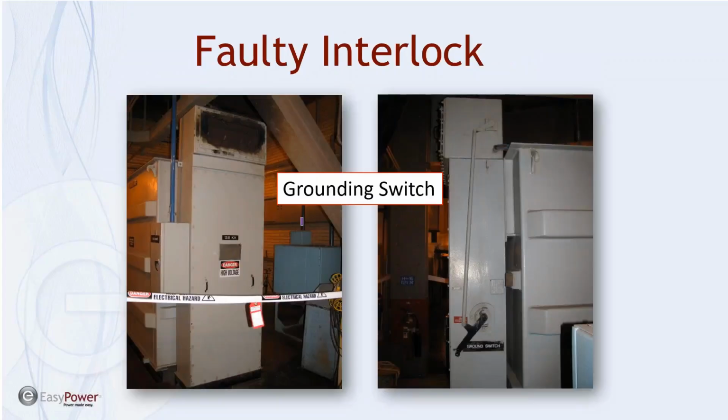Grounding switch. This one, the interlock actually failed, and what they did is they had several of these units side by side. They did some work in the morning, shut down the switch, and then in the afternoon they intended to do maintenance. So they got back in the afternoon and closed the grounding switch on another unit. It wasn't properly marked.